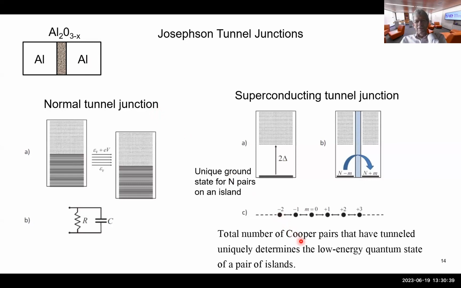So that uniquely determines the low energy quantum state of a pair of these so-called islands, these metallic islands. That's not true in the normal state. Like here, I might have had somebody tunnel at this energy or that energy. There's a whole continuum of states, and I'd have to tell you which ones are occupied. Here, it's unique.